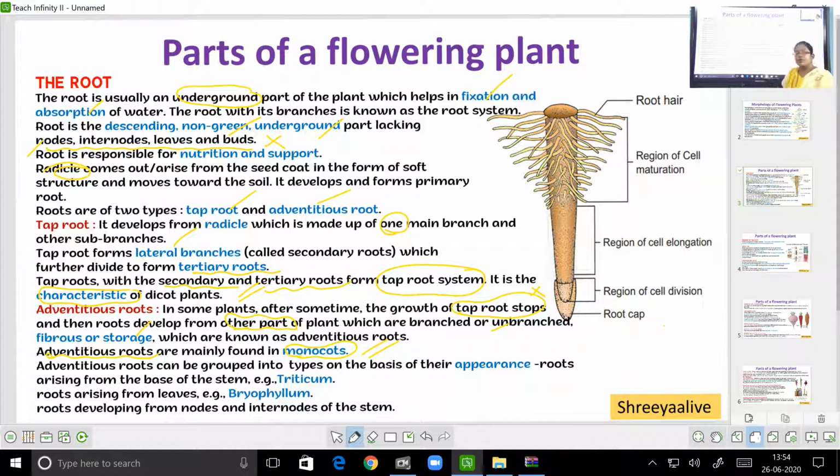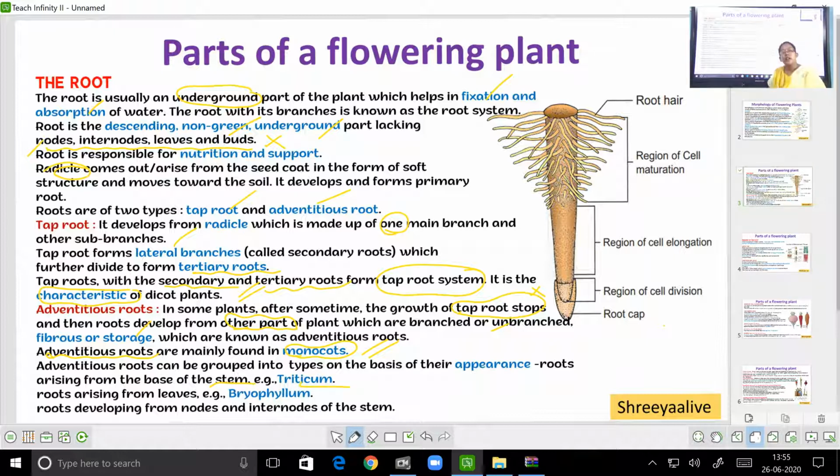Adventitious roots can further be grouped into many types depending upon where they arise from. They can arise from the stem, for example Triticum, a wheat plant.